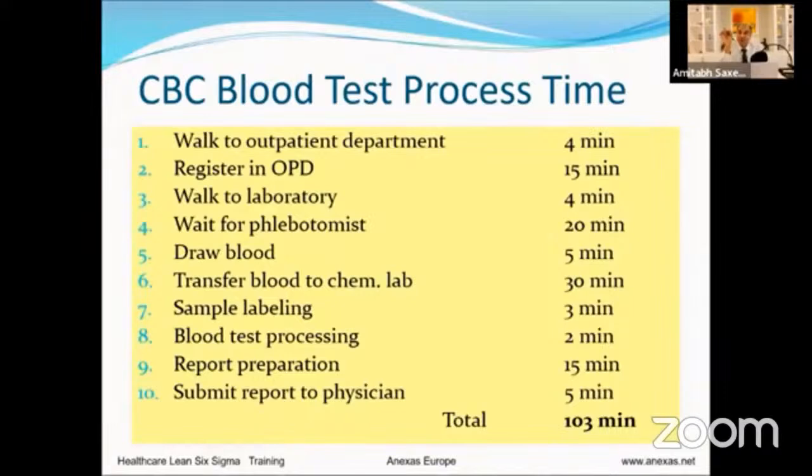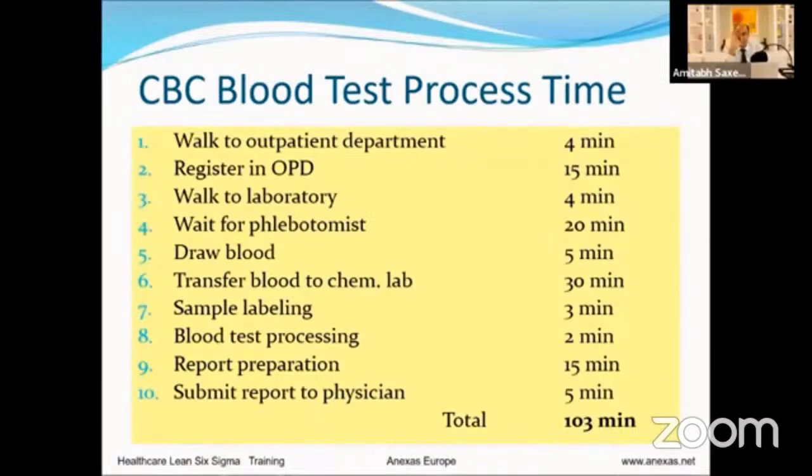Walking to the OPD is a non-value-added activity. Please understand what is the value from the patient's perspective. Please understand what is the value from this blood test. The value is knowing about the health status of the patient. That is the value we are looking at.